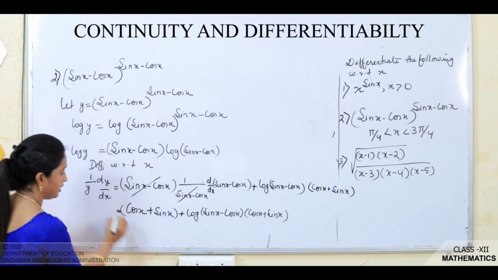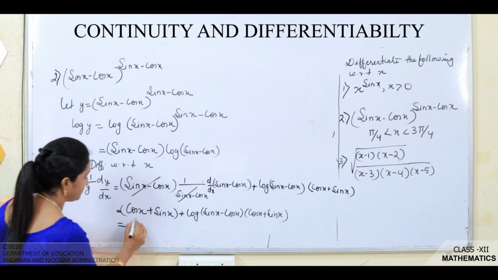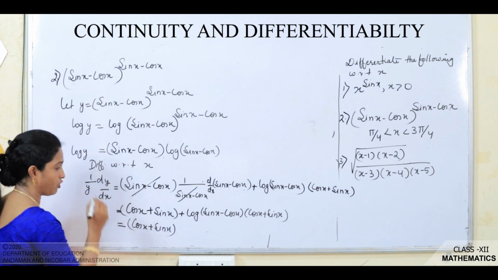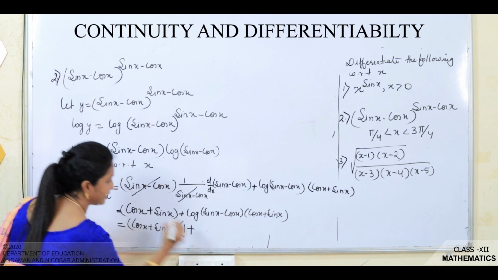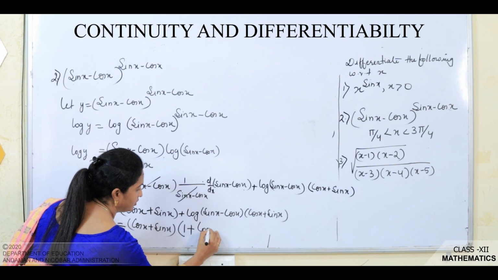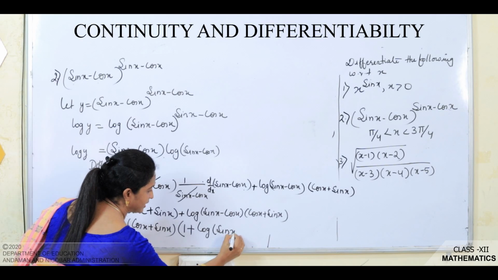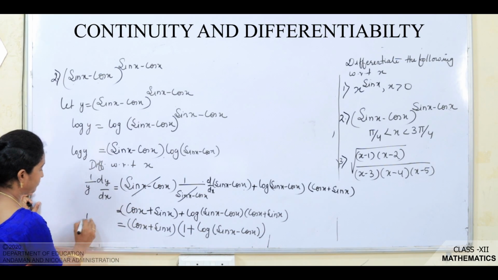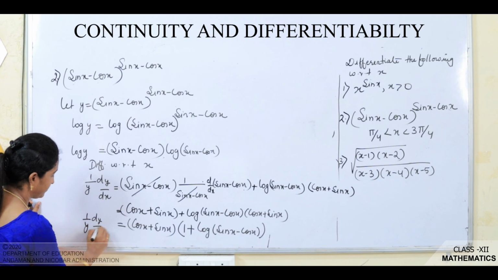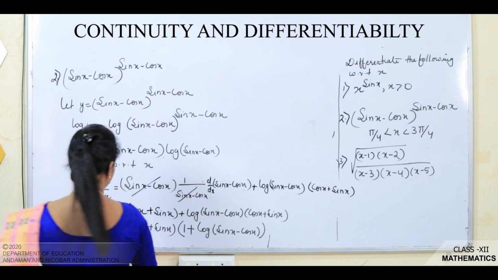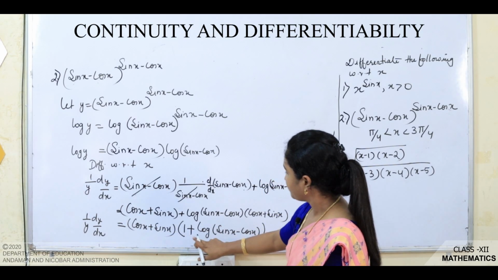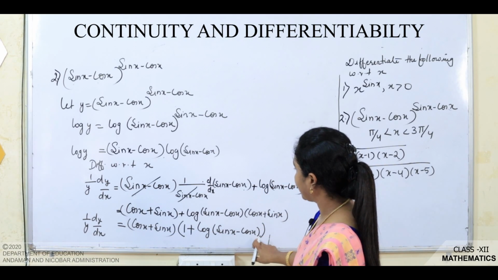Clear children? Now you can take common here cos x plus sin x. If you take common, you are going to get the answer as 1 plus log sin x minus cos x. So finally what you got here? 1 by y dy by dx is equal to cos x plus sin x, 1 plus log sin x minus cos x.